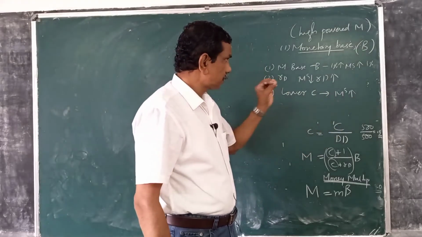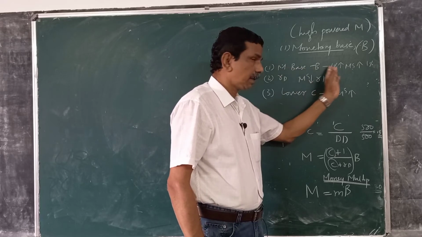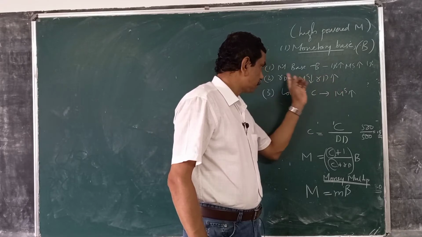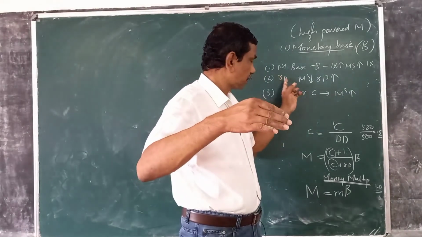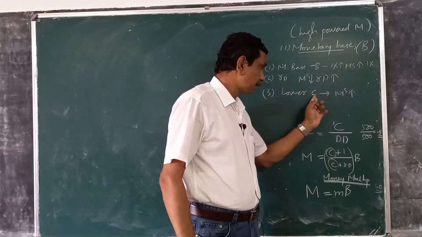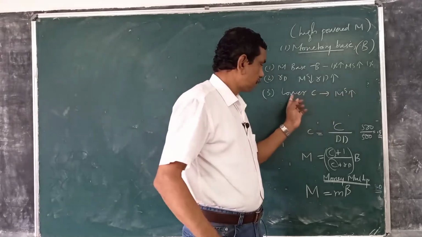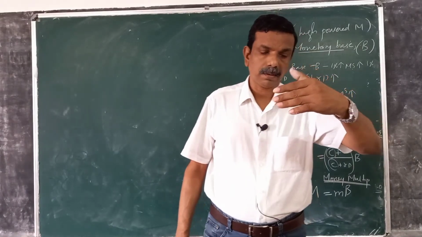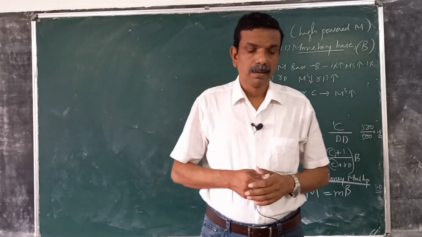So remember this, money supply depends on the monetary base, a direct and proportional relation, is inversely related to the reserve deposit ratio, and inversely related to the currency deposit ratio.